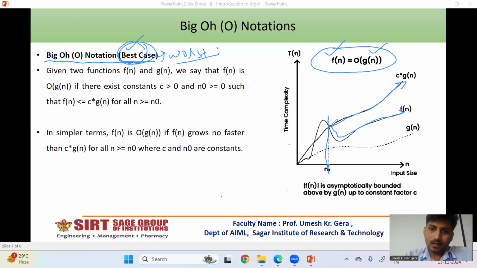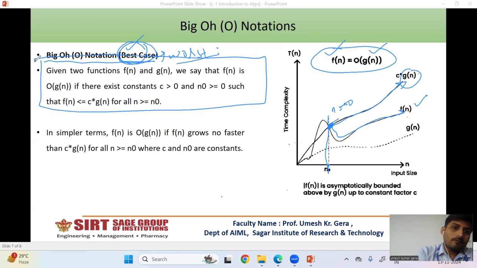So we can say that after the value n equals n naught, the function c times g(n) is always greater than f(n). So we can say that g(n) is the upper bound of f(n). This is the mathematical definition of big O notation.